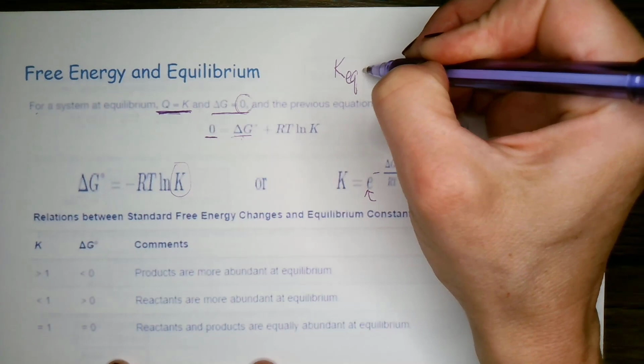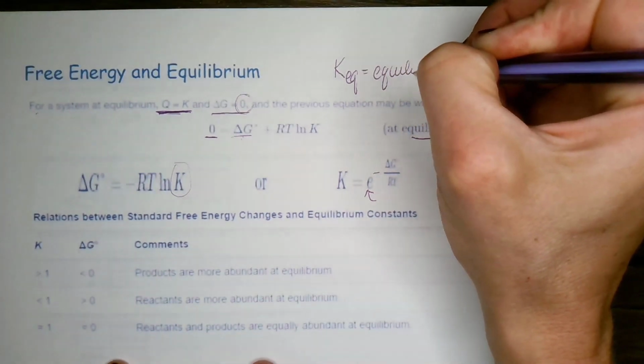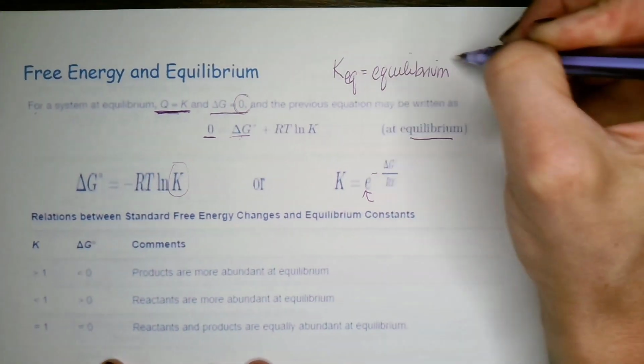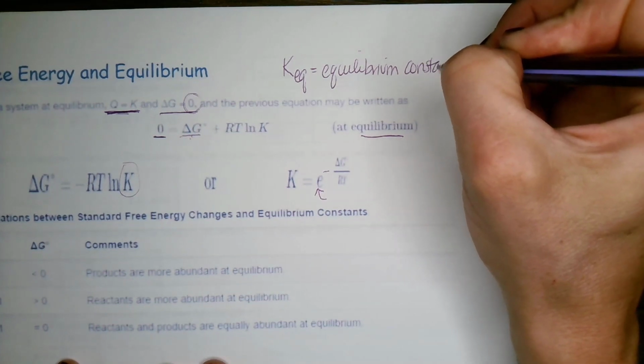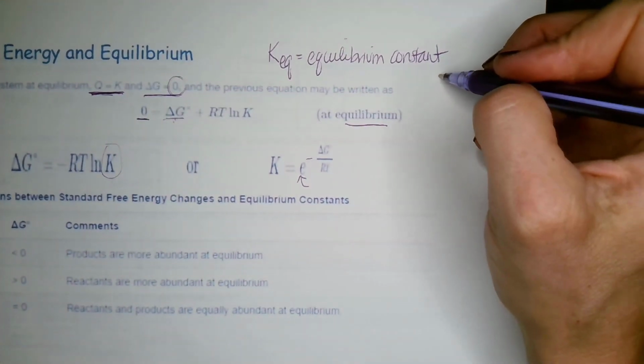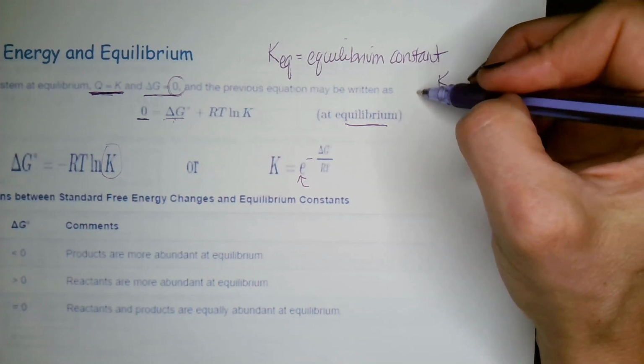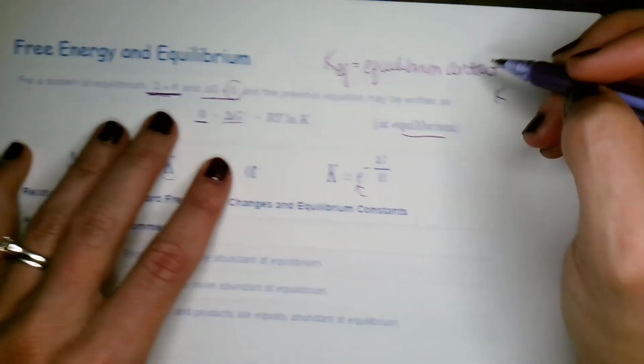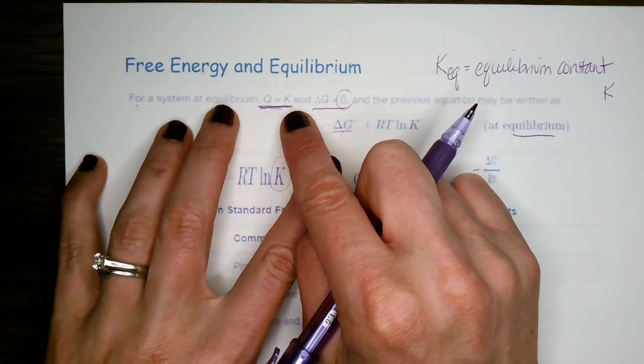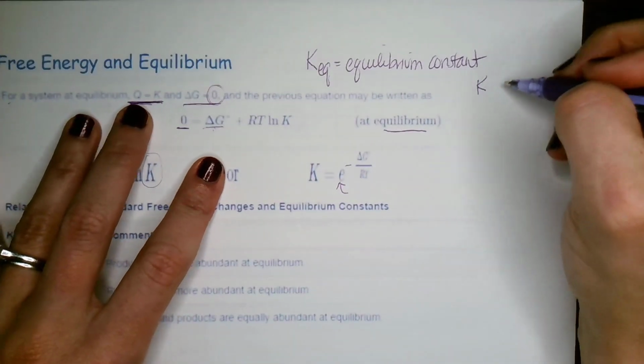Now, again, this is at equilibrium, and we've been talking about that equilibrium constant. Sometimes it's expressed as Keq. In future chapters, we're going to be looking at lots of different equilibrium constants, but we've been looking at Q, right?